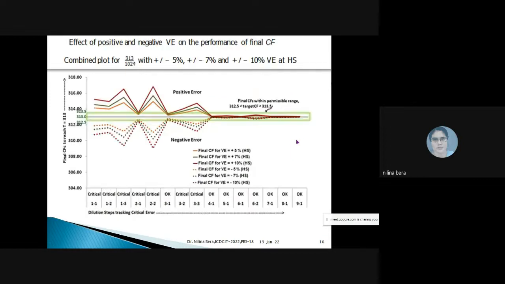In the same way, the effect of positive and negative volume error is the same: plus 5, minus 5, and then plus or minus 7%, plus or minus 10%. It is also giving a mirror effect.